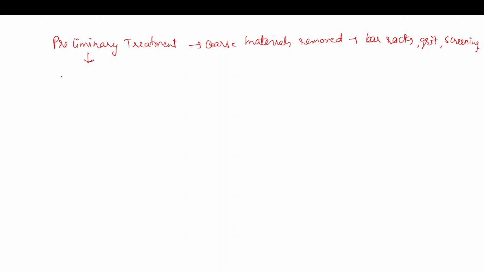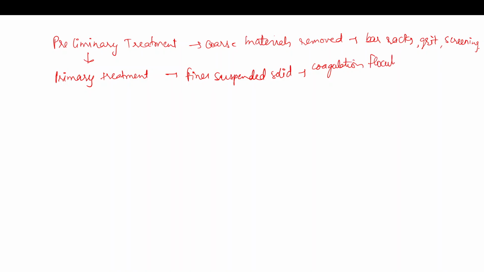Next, we give primary treatment because not all suspended solids are removed in preliminary treatment. So finer suspended solids are removed here, where we give coagulation and flocculation, then sedimentation, right?